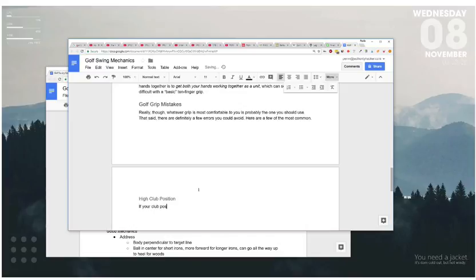If your club position is too high, the angle of the golf club will be super shallow. In other words, semicolon, because we want to connect two highly related independent clauses. The club will point straight up your arm.